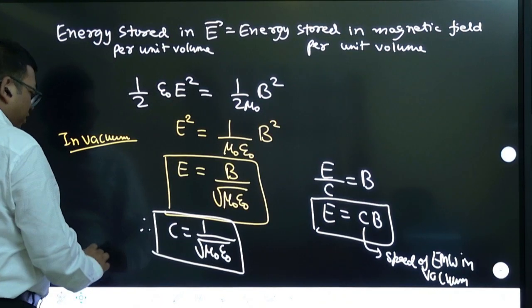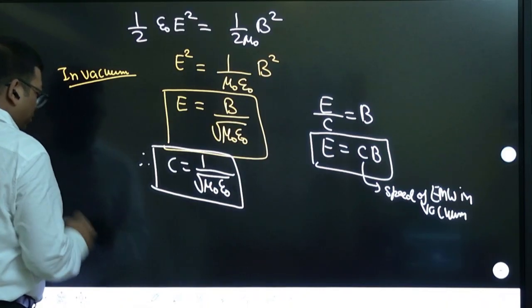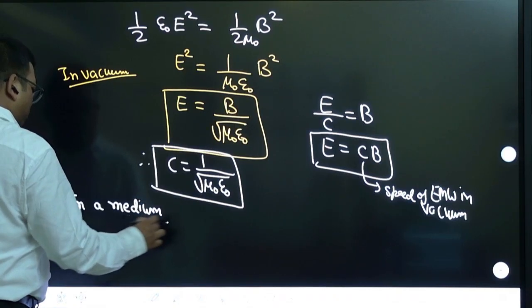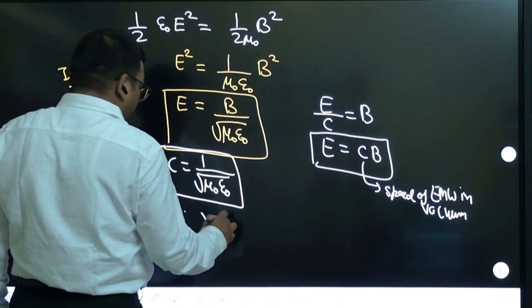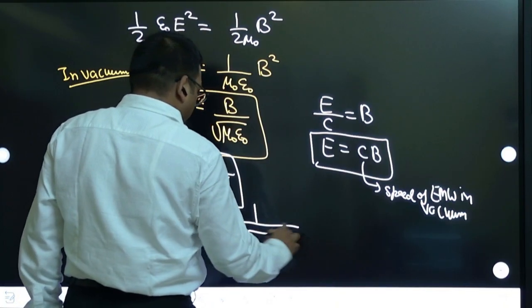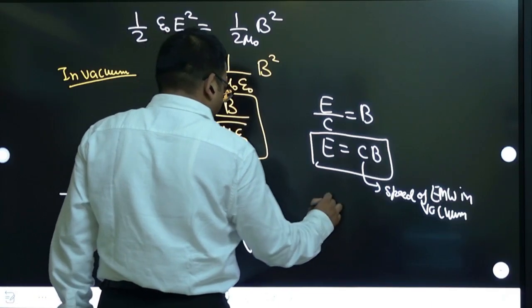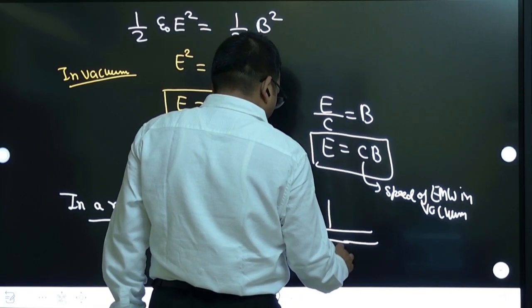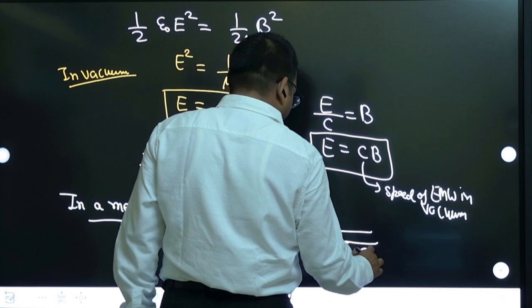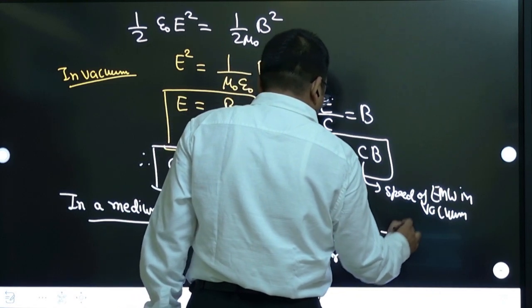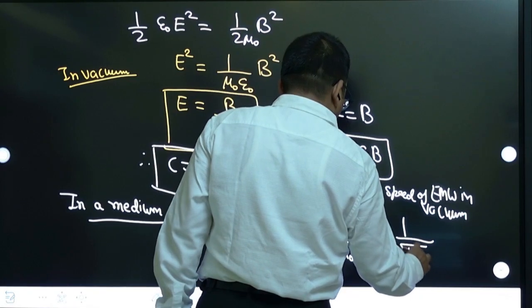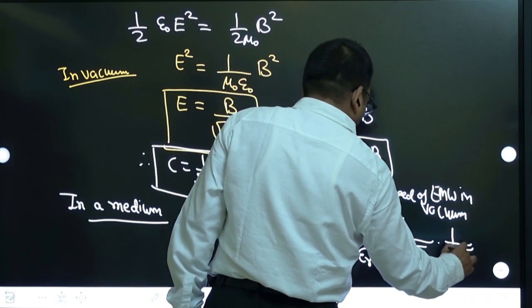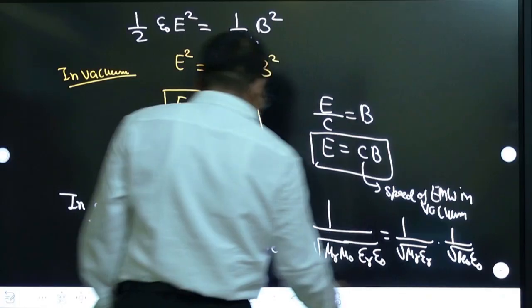But suppose some medium is there. In a medium, that speed of light v will become 1 by root mu into epsilon. Then mu can be written as mu r mu naught, and epsilon can be written as epsilon r epsilon naught. So 1 by root mu r epsilon r and 1 by root mu naught epsilon naught will separate.